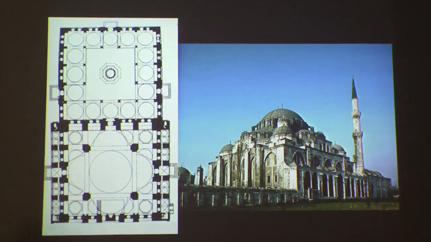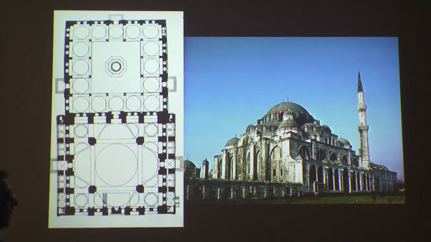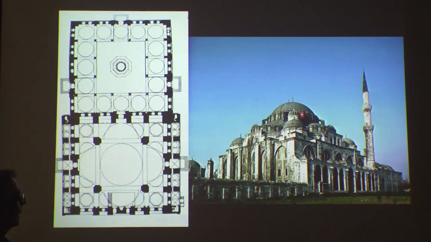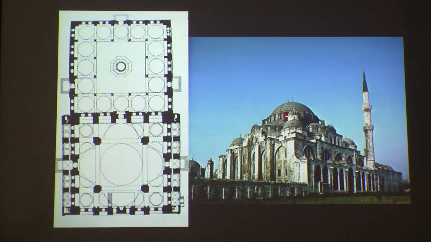Looking at this still, we have a very large dome there. There's a smaller dome just below it that you can see in more detail in this. What would that dome correspond to in the plan?